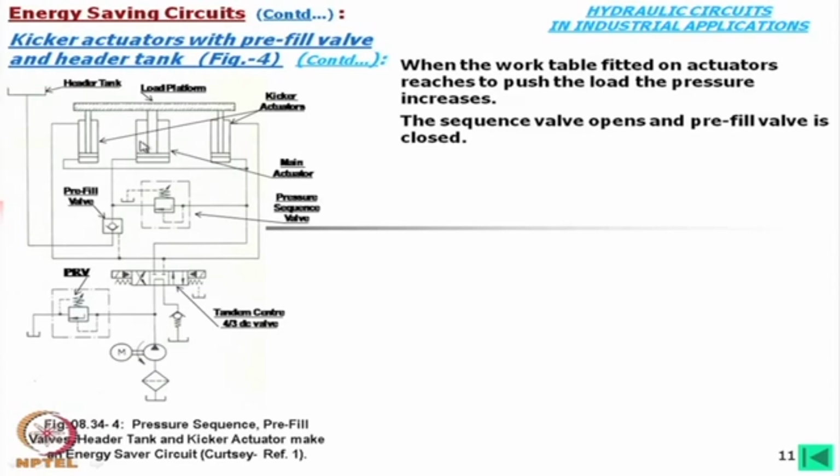That means, suppose this area is double that of these two cylinders. Then this will take one unit of load, this will take another unit of load, and this will take 2 units of load. Like that, automatically the load will be distributed over the platform.